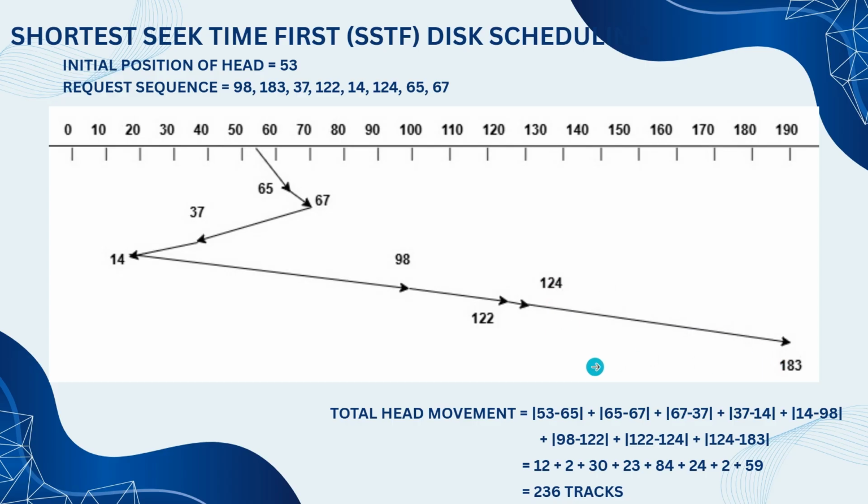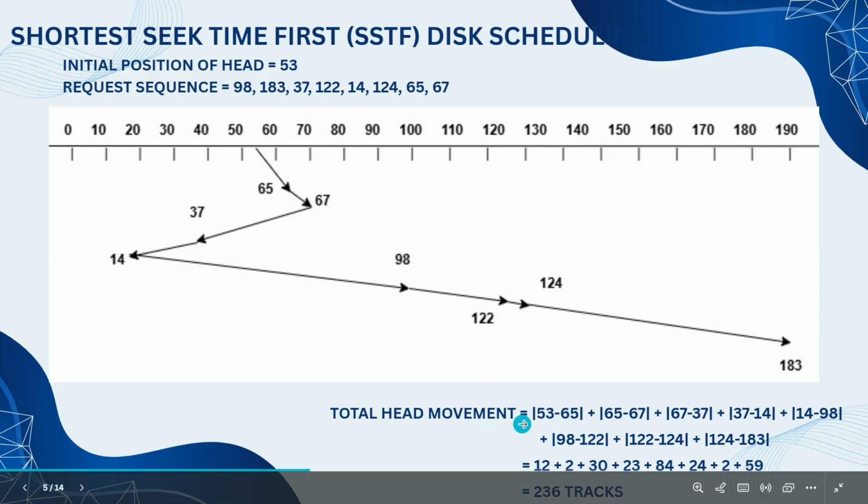So the total head movement by using the SSTF algorithm is 236 tracks. We can see the total head movement is reduced by using the SSTF algorithm compared to the FCFS algorithm.